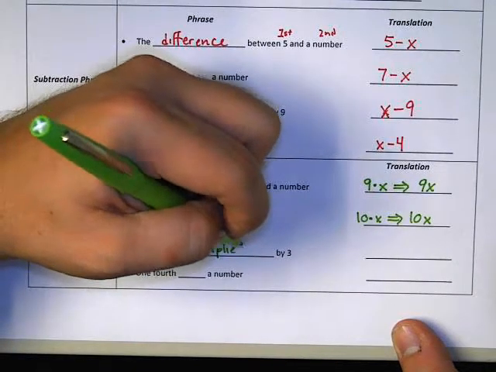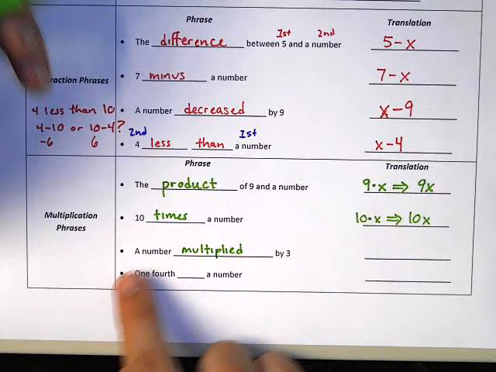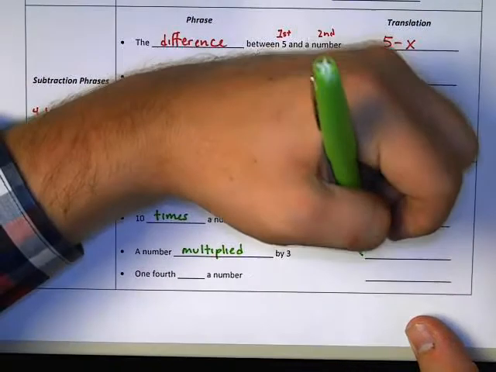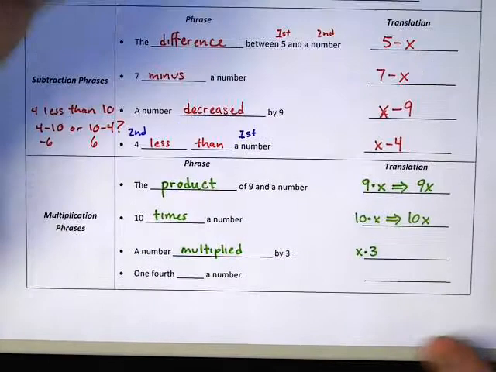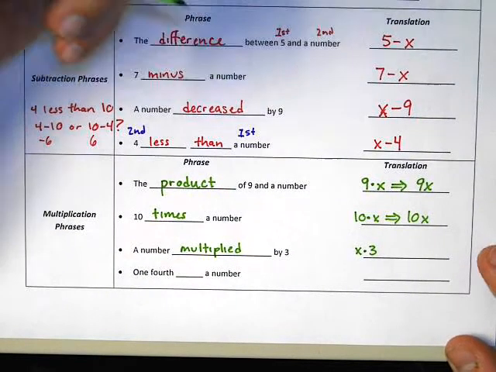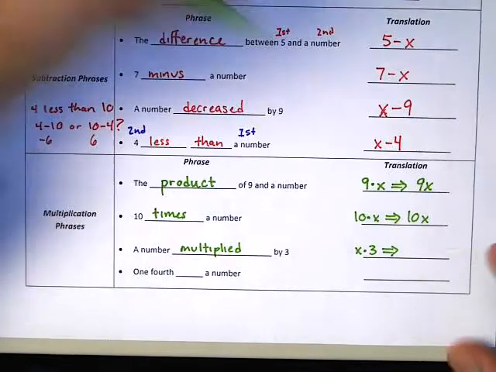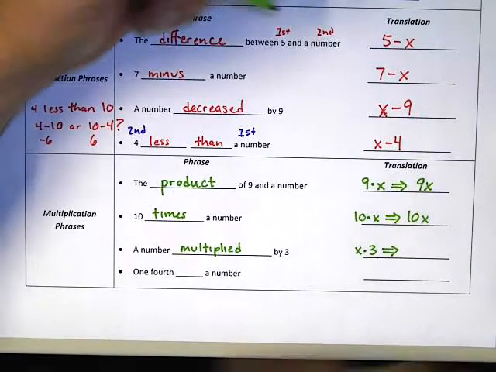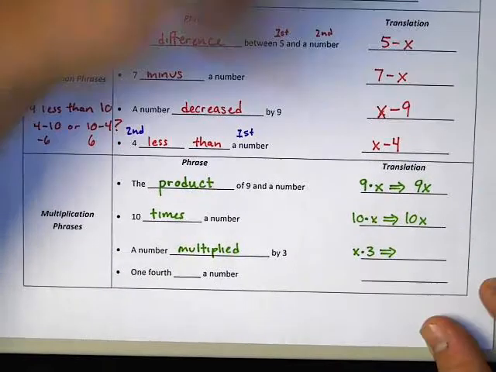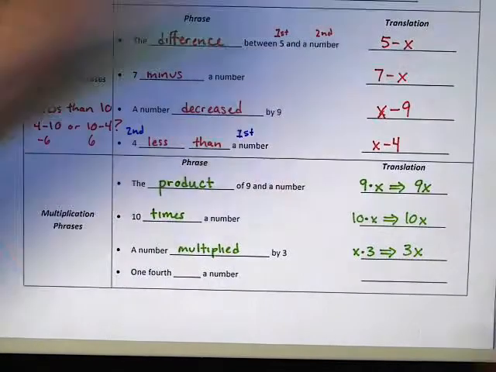A number multiplied by 3, technically, that would look like x times 3. Guess what? If you write that, I'm okay with it for right now. However, I do want you to remember, can you multiply in either order? Like, can you go a number times 3 or 3 times a number? So really, x times 3 is the same as 3x.